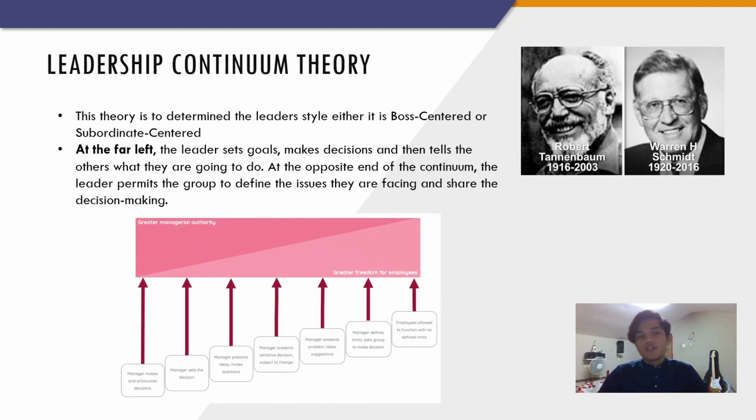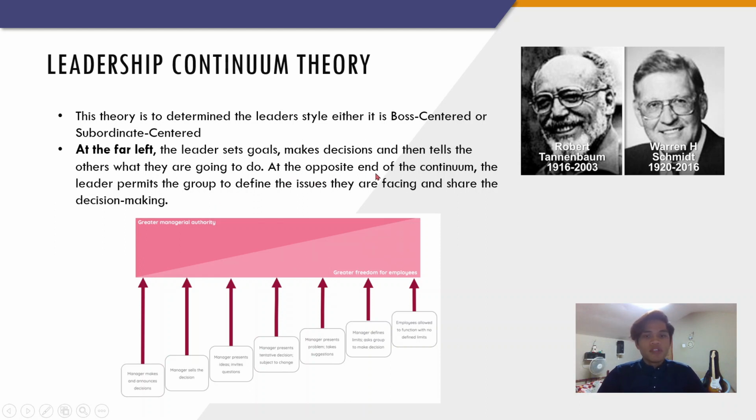Next is the leadership continuum theory. This theory was proposed by Robert Tannenbaum and Warren Schmidt. It determines the leader's style, either boss-centered or subordinate-centered. Down here we have a diagram of the leadership continuum. At the far left, the leader sets goals, makes decisions, and tells others what they are going to do, so it is more bossy.